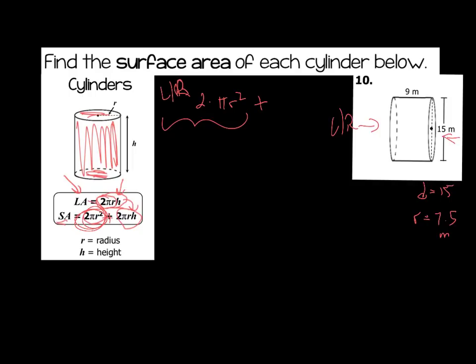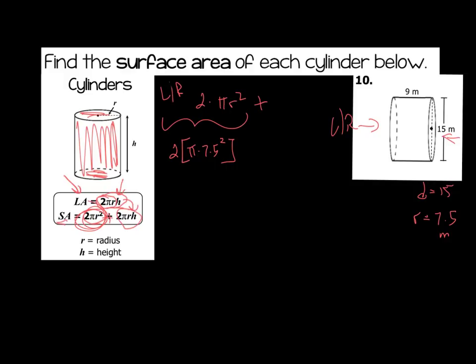Sometimes that's the top and the bottom. I guess it depends which way the cylinder's lying, standing up or laying on its lateral side. And so that's going to be 2 times pi times radius squared.